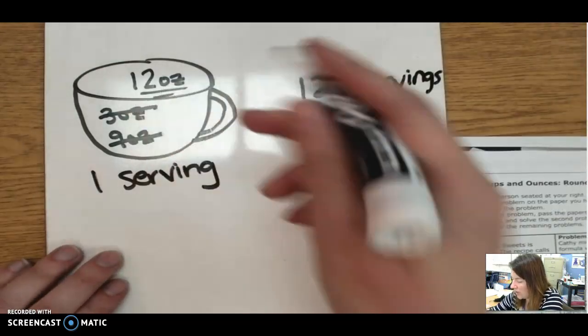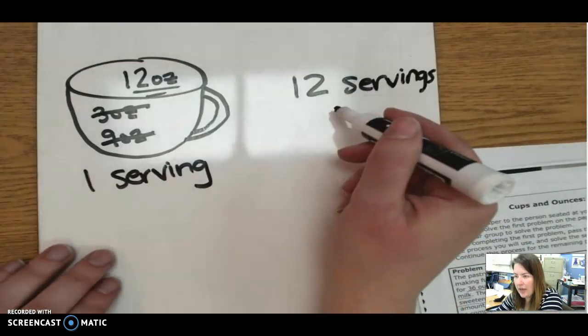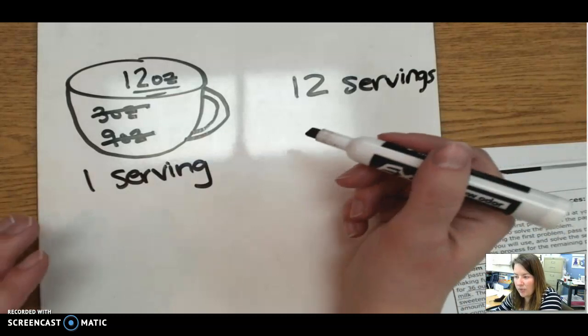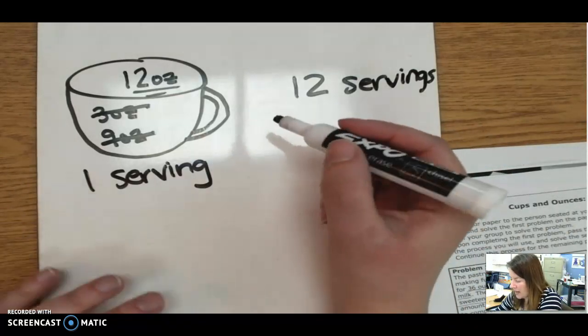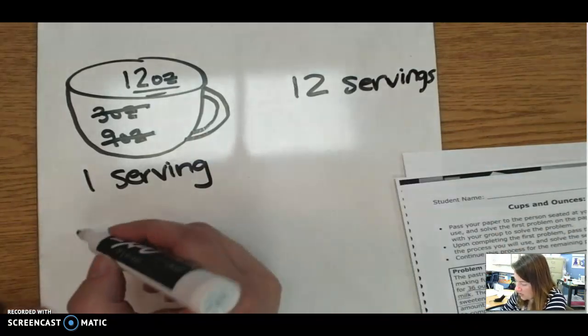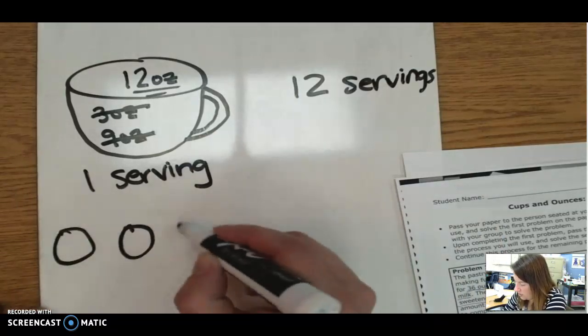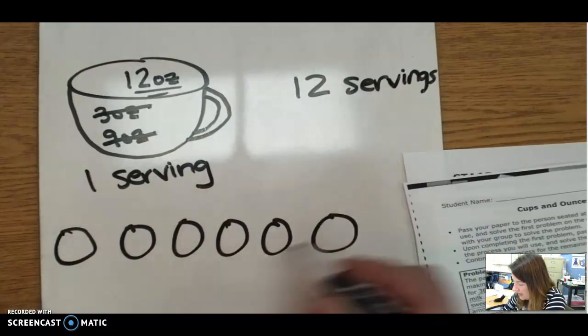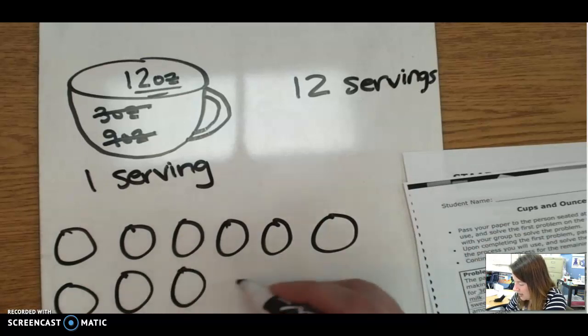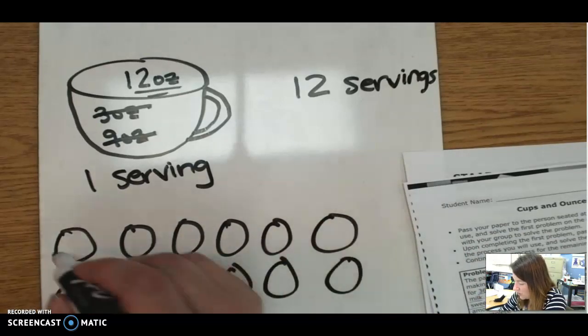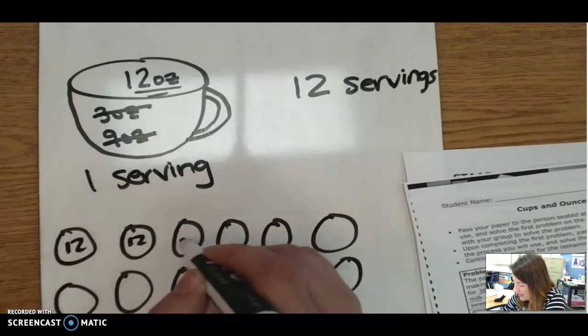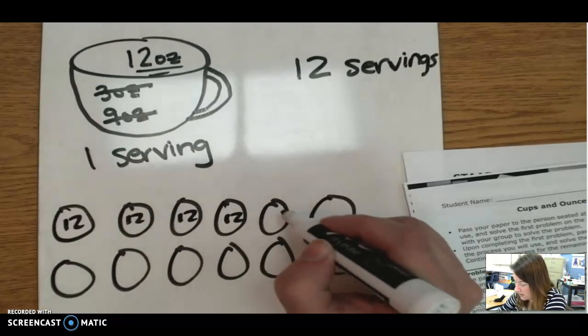So if this is 1 and we need 12, this is a multiplication problem, at least this part right now, right? Or I could sit here and draw 1, 2, 3, 4, 5, 6, 7, 8, 9, 10, 11, 12. These are my 12 servings. I know there's 12 ounces in each of these.